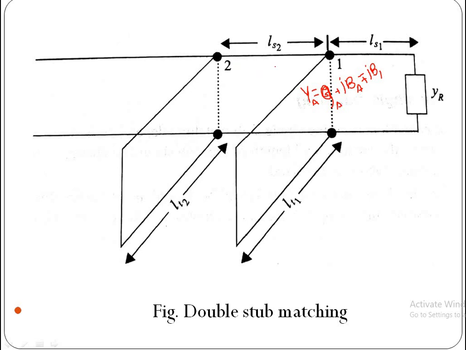Now the separation between these two stubs is selected such that the input admittance YB at point 2 is such that its real part of input admittance must be equal to Y0, remaining plus or minus JB.